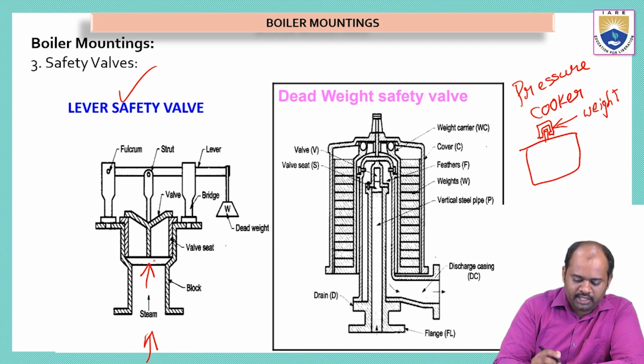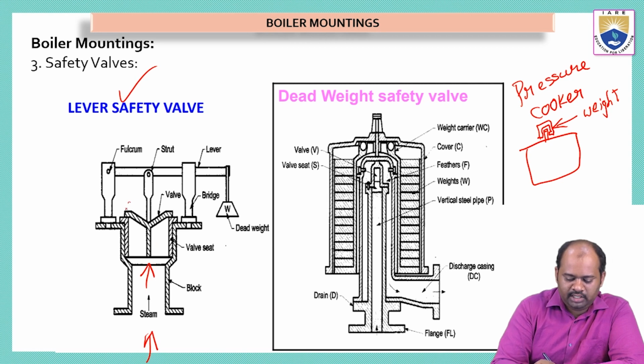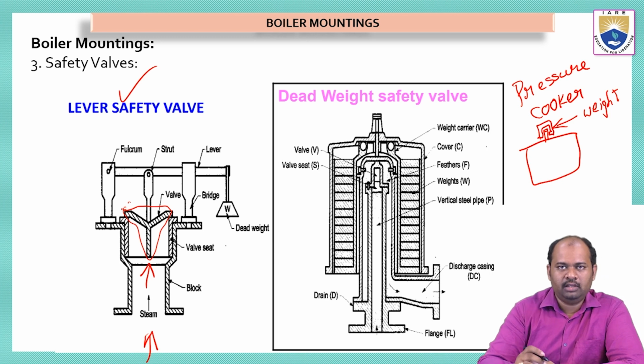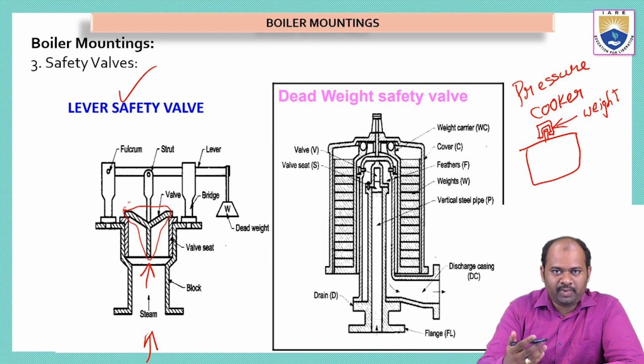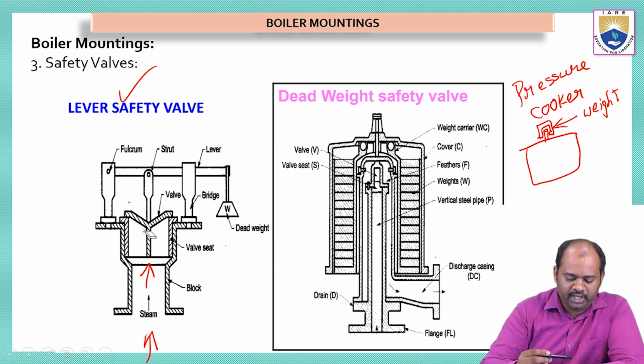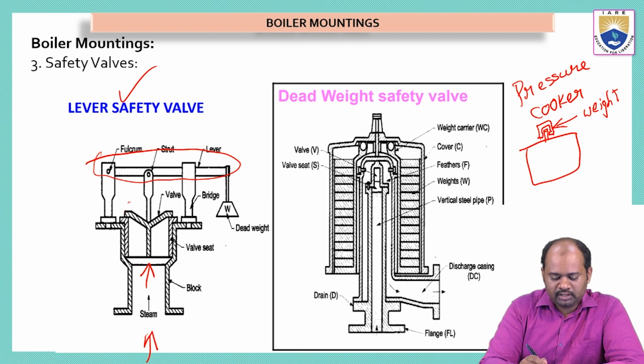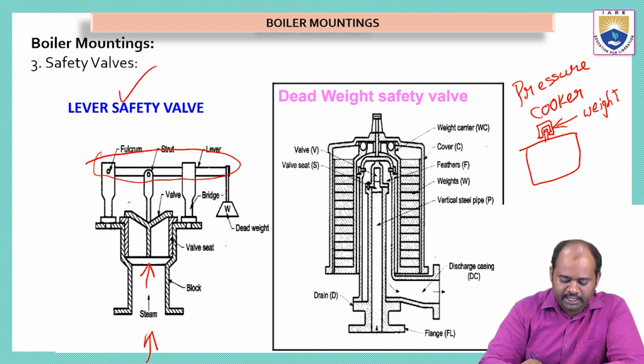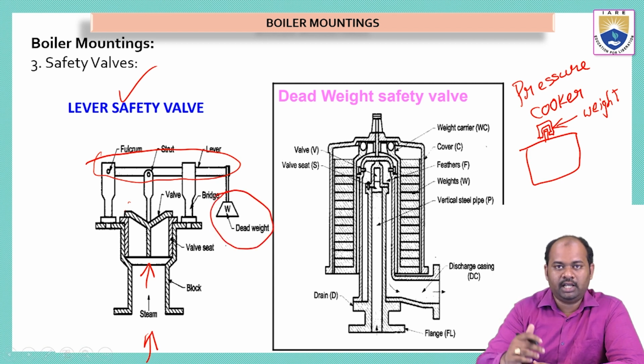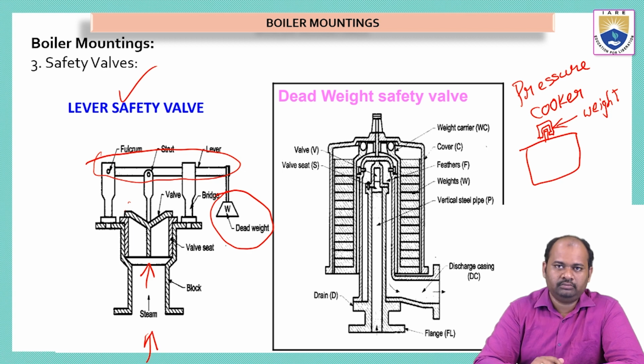Pressure is applied in this direction, and this entire arrangement will try to move up. But to counterbalance this pressure, we have kept a lever. This is the lever after which it is named. This lever is attached with a dead weight. We can see a dead weight is attached at the end of the lever.